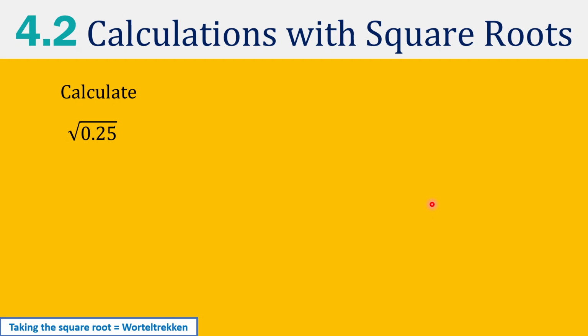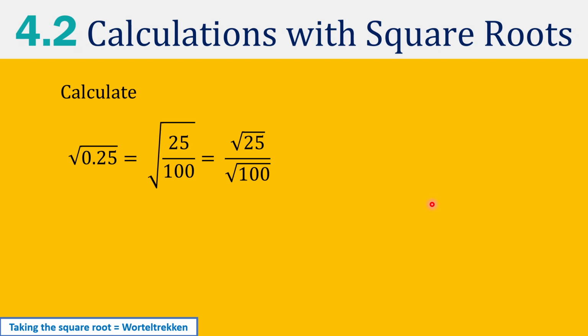And here's a trick that you have to use. If I want to calculate the square root of 0.25, remember I can write 0.25 as a fraction. Which fraction? Well, that's actually 25 divided by 100. Hey, and here I know what the answer is, right?